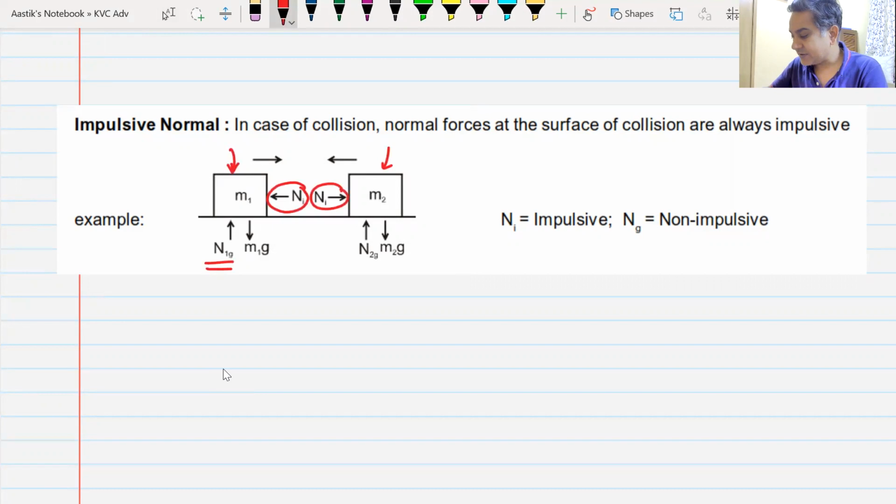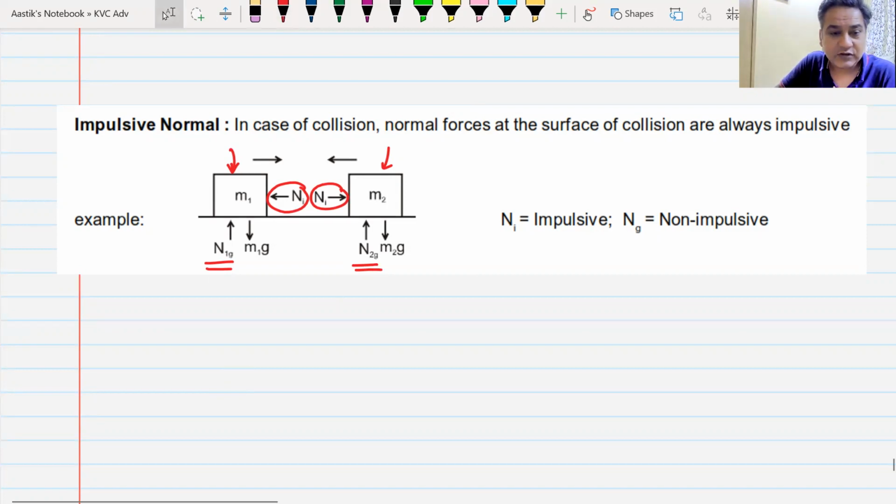But the normal reaction from the ground here is non-impulsive because it is not going to change the momentum of the body drastically. Because of this, only the momentum is getting changed. Therefore, in this case, the normal reaction coming from the ground is non-impulsive.